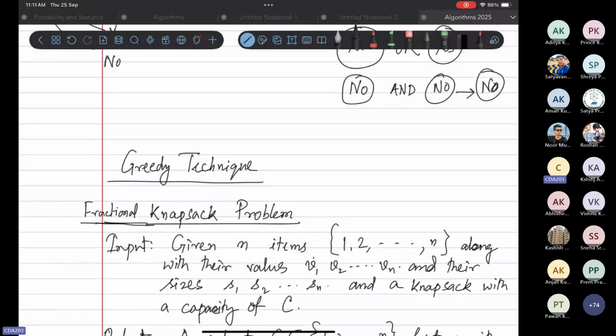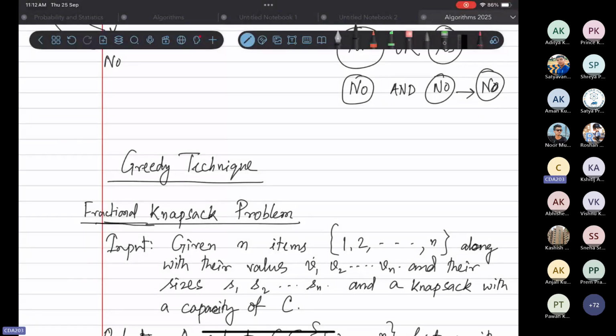And I'll also give you a knapsack whose capacity is capital C. Again, I have to put some items into my knapsack and keep filling it, and also I have to maximize the total value of the knapsack. Whatever items I am putting in my knapsack should have maximum value.